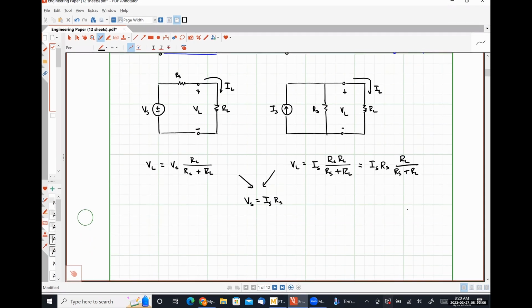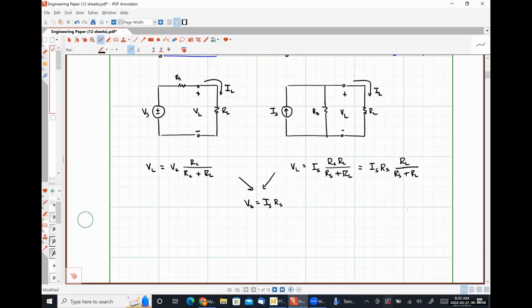Let's just check the currents for the sake of argument here. So on the left-hand side, our current IL is going to be VS over RS plus RL.